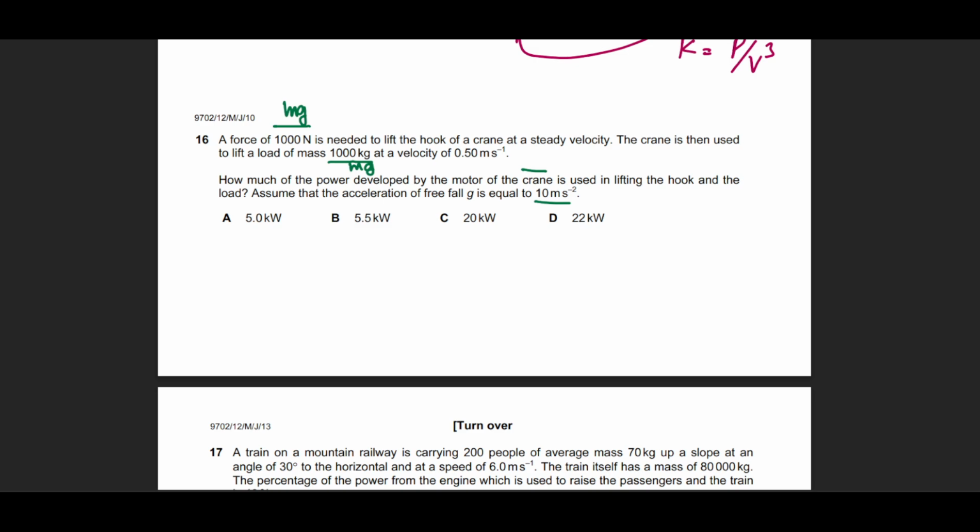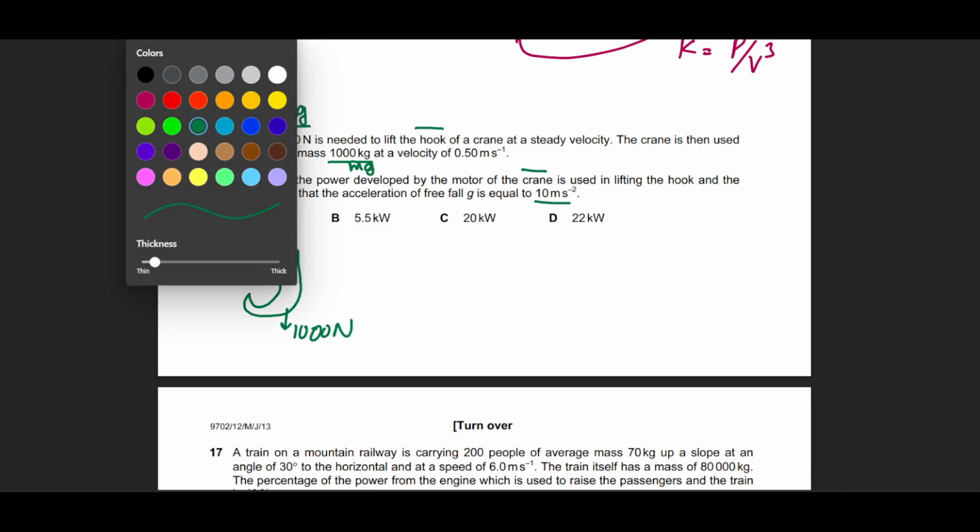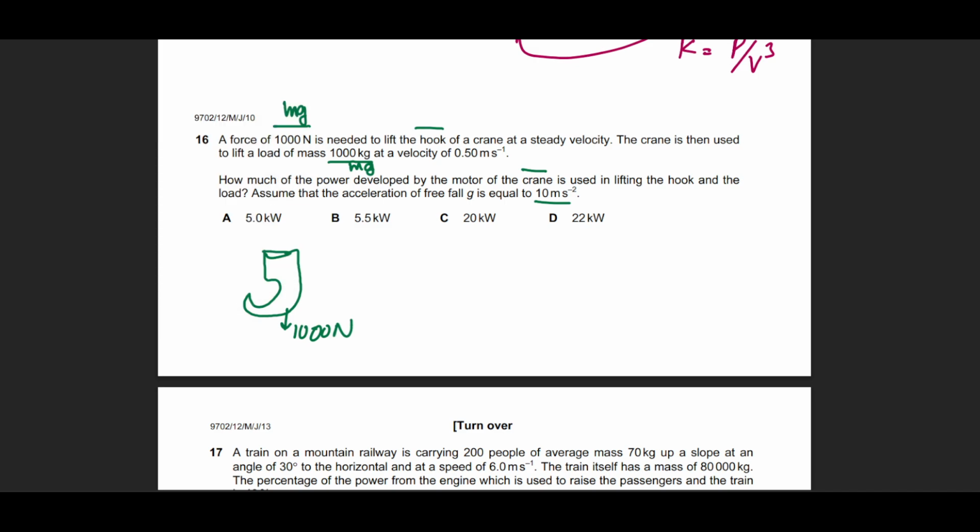So the force of 1000 is for the hook. Now what is the hook? This is the hook of that crane that weighs, for example, 1000 newtons. That is its own weight. Then we have a mass of 1000 kg. This is 1000 kg that is being lifted upwards.